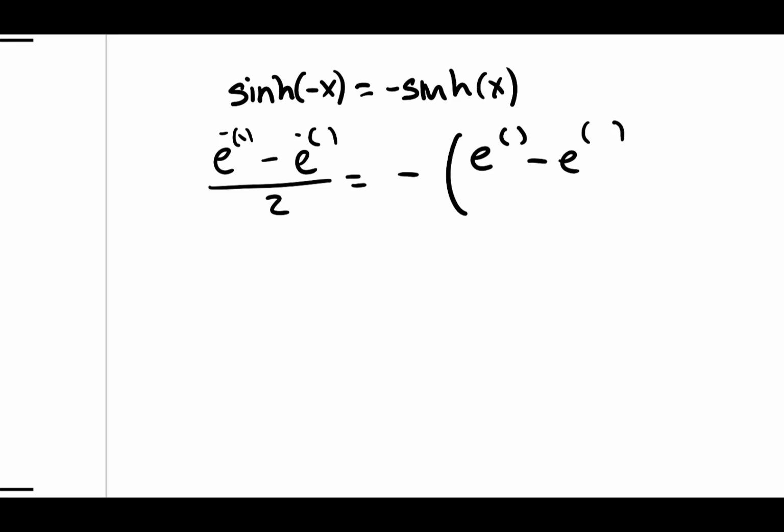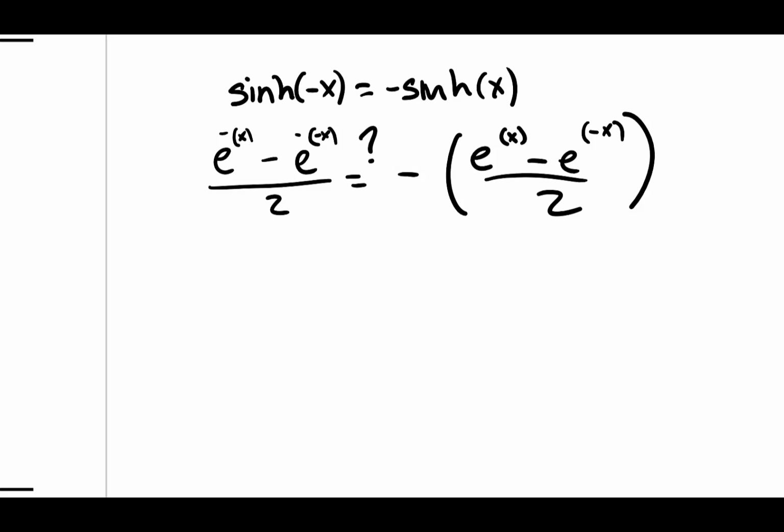So e to the negative x minus e to the negative negative x, all over 2. And we're saying that this would be the same thing, that this negative would just be right out here on the outside. Well, let's go prove this thing.